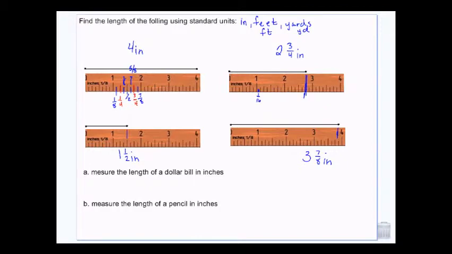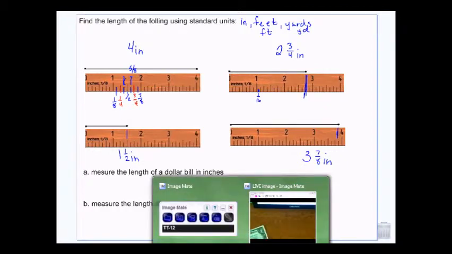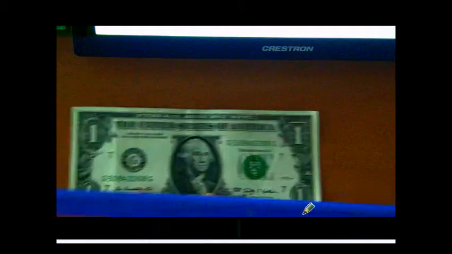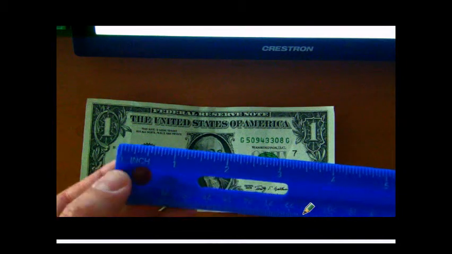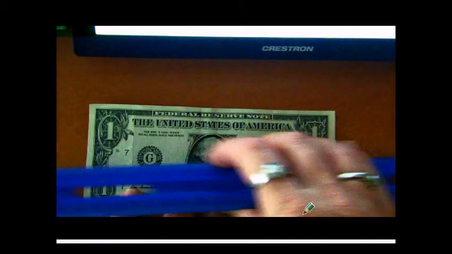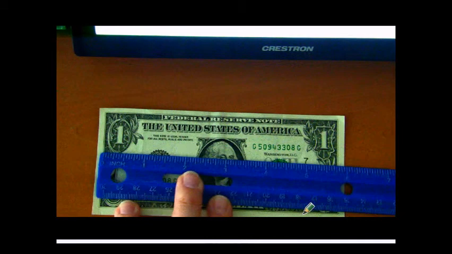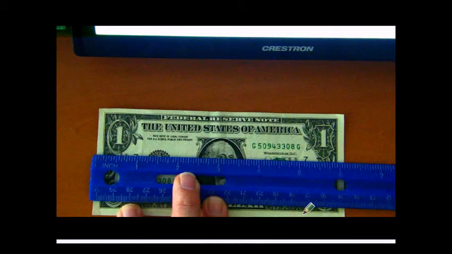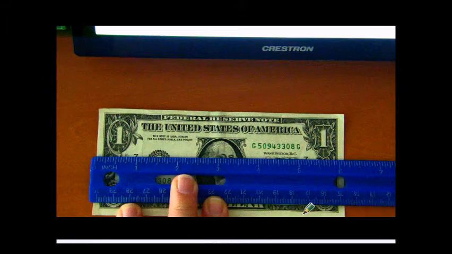Okay. Same thing with the dollar bill, and the same thing with the inch ruler. If we look at the end of it, the 0 still doesn't line up with the very end. So you have to line up with the 0.